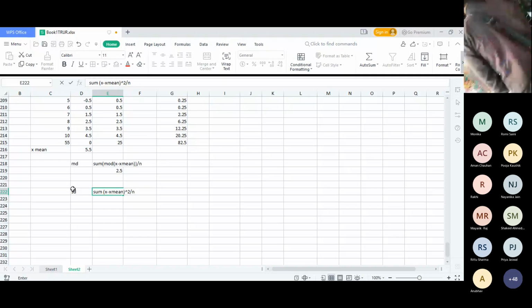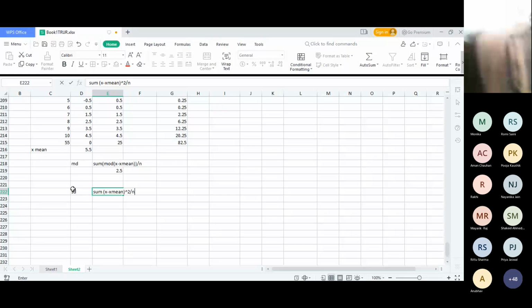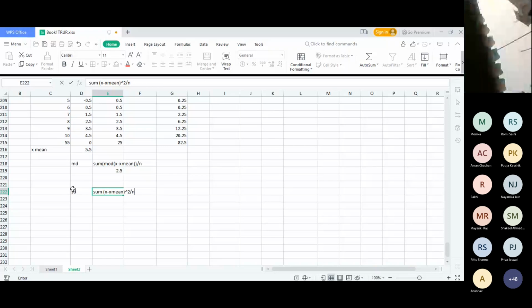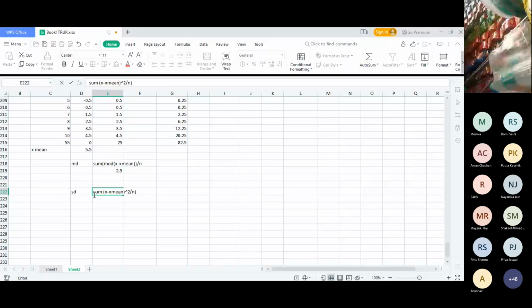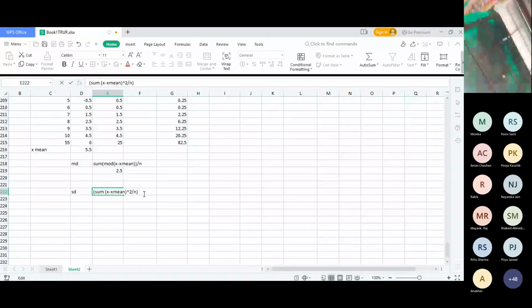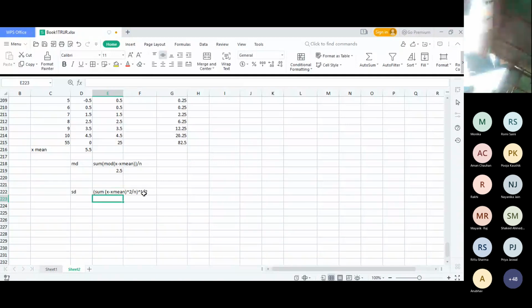We have made the square on our own. The question does not demand the square. We have made this square to make the variation positive. So we have to nullify that. So we have to take the under root of the complete answer, whatever the answer comes. So raised to the power 1 by 2, under root of the same answer.